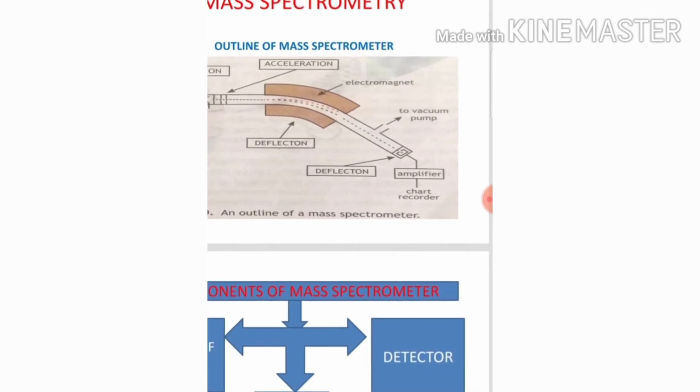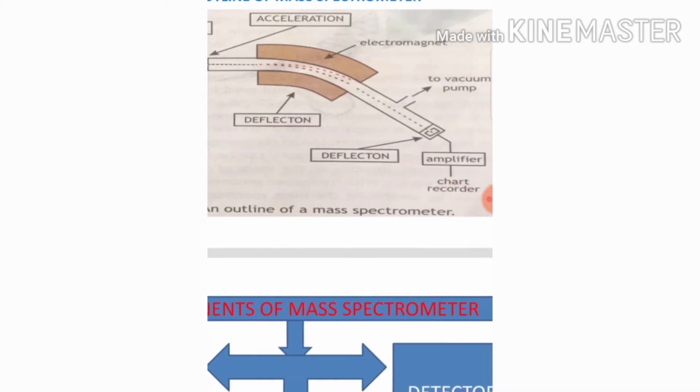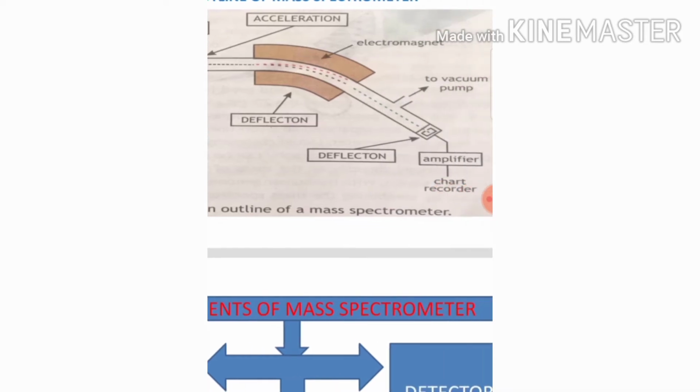So this is the outline of the mass spectrometer: the ionization unit, then the deflection unit, and then the detection unit that records the signals of mass spectra.